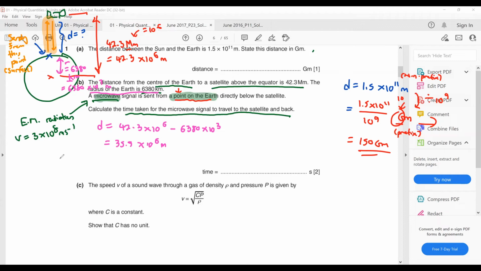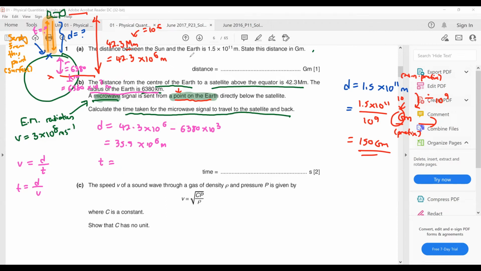Now after that, you want to find the time, right? You need to use this: V is distance over time, so time is distance over V. To find the time, you need to take the total distance divided by your speed.